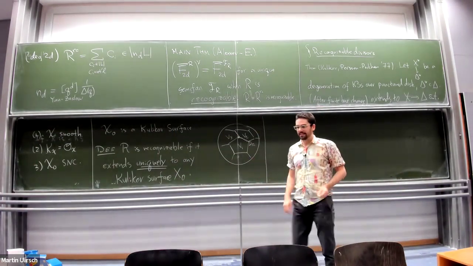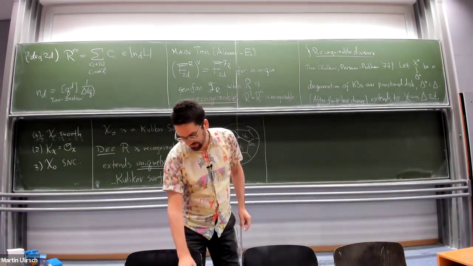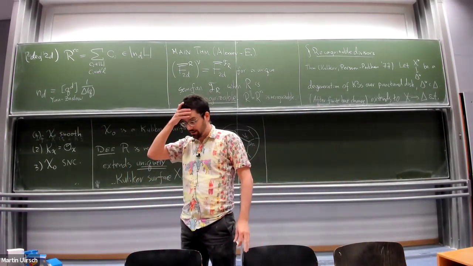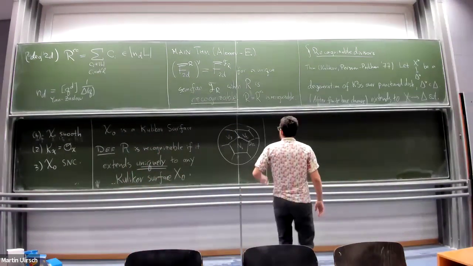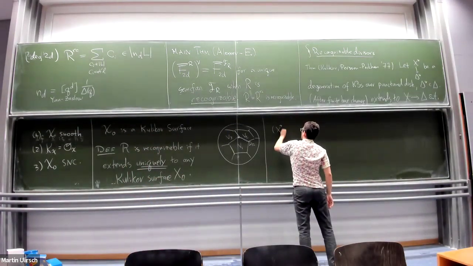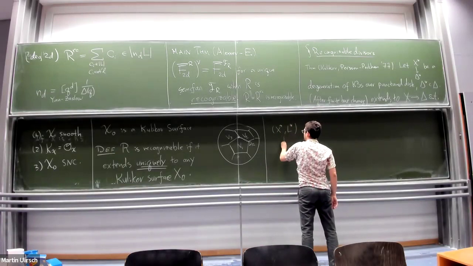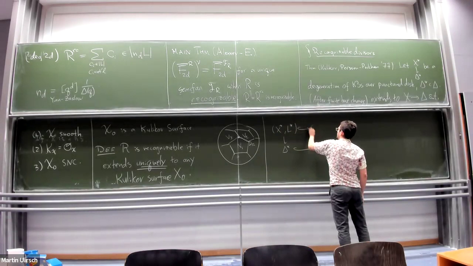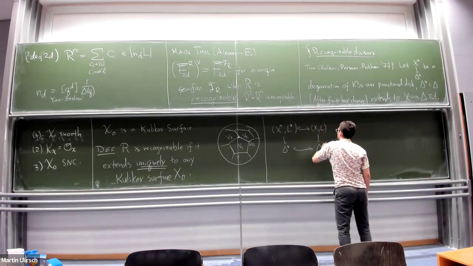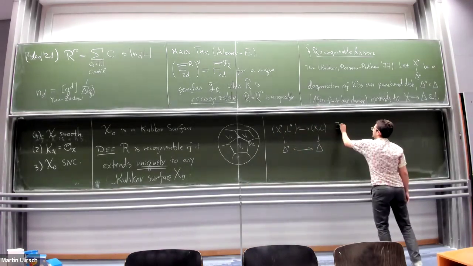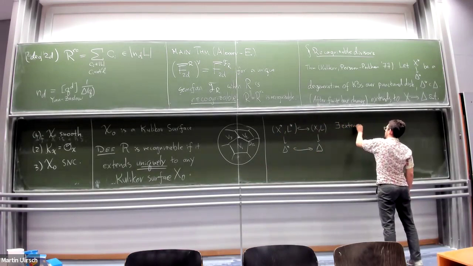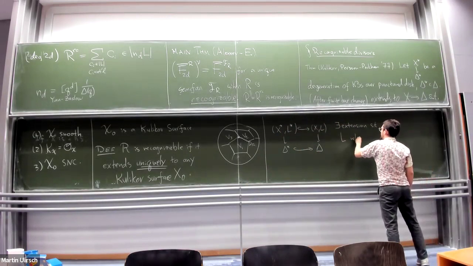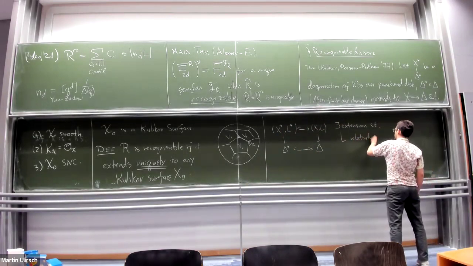Let me say what types of additional structures we can put on these Kulikov models. If we have X star, L star, so now we have a polarized family over delta star, and we want to extend the line bundle, then there exists an extension such that L is relatively nef.